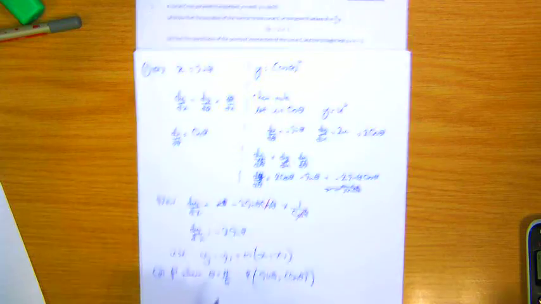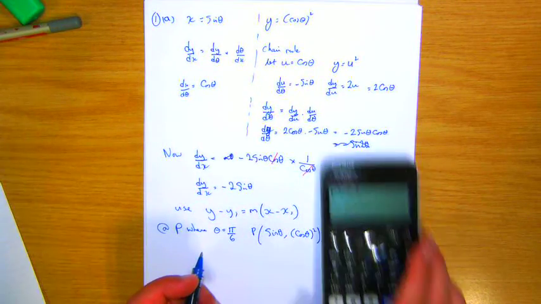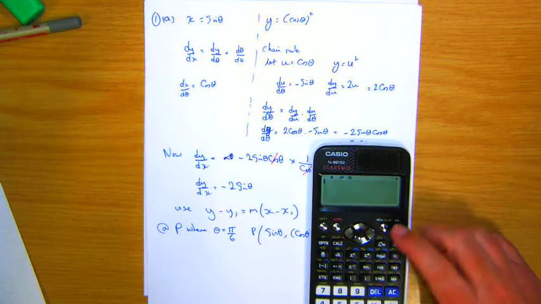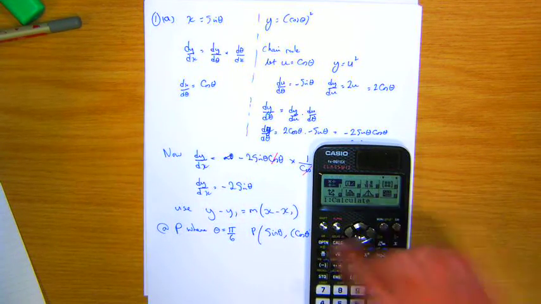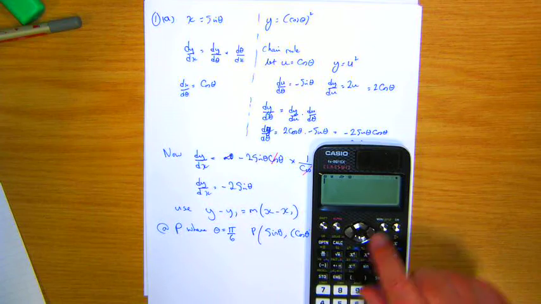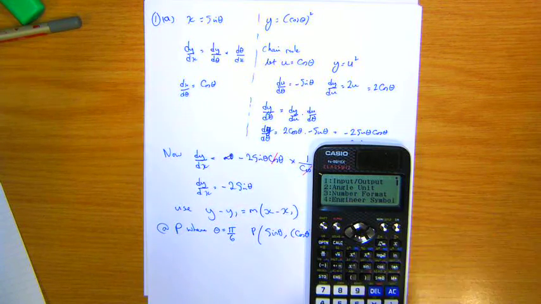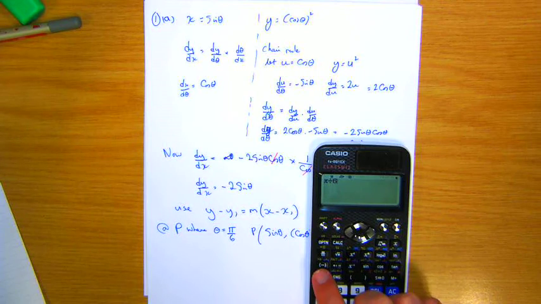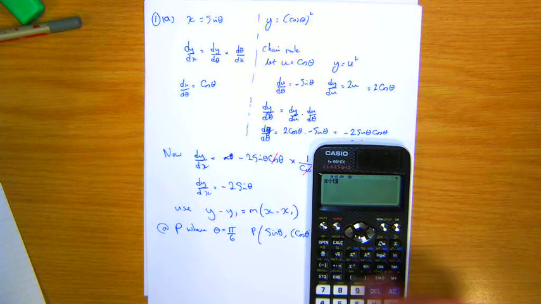So if we now put this into our calculator, make sure you're in radians. If you can't remember how to sort that out, you go to, not menu, you go to setup, so shift, setup, angle unit 2, and you're in radians. Then I'm going to save pi by 6 into my x variable.